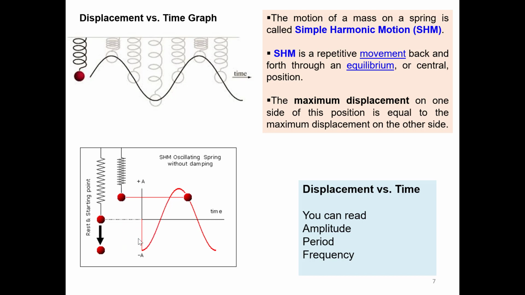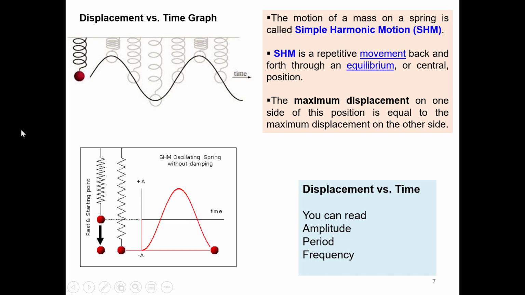Another characteristic of simple harmonic motion is that the maximum displacement from one side of the equilibrium position is equal to the maximum displacement on the other side. All the systems we already described move in simple harmonic motion. We can describe that motion as simple harmonic motion.